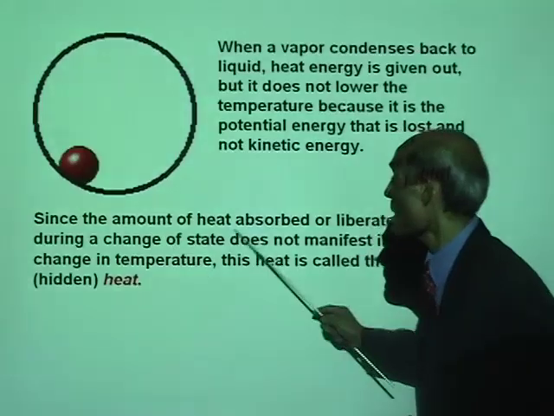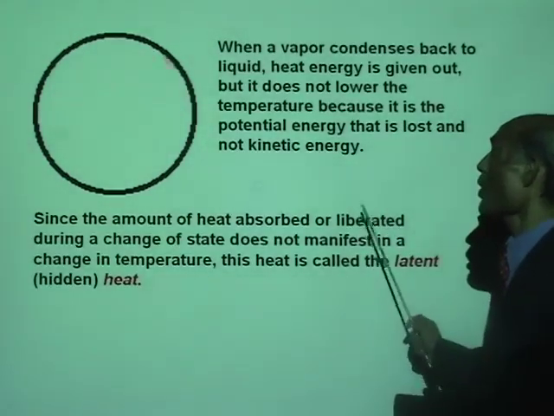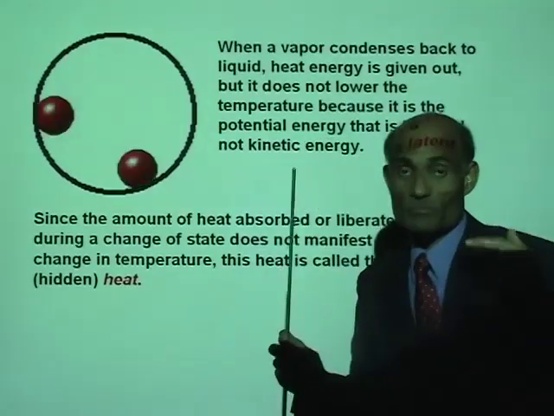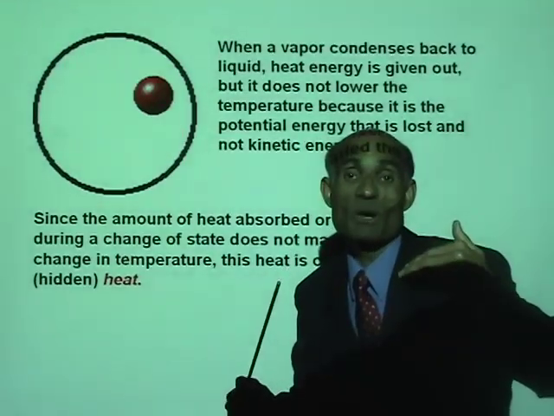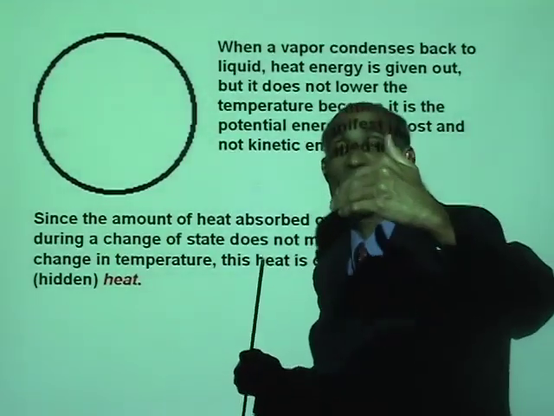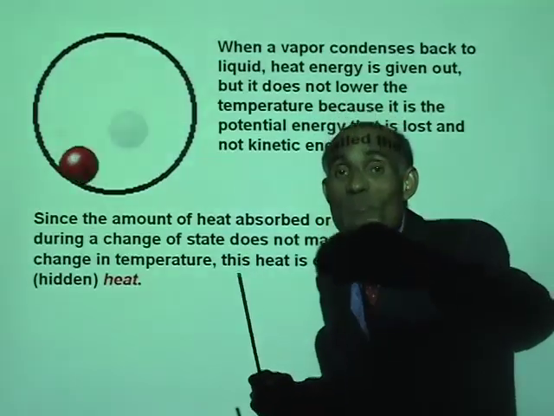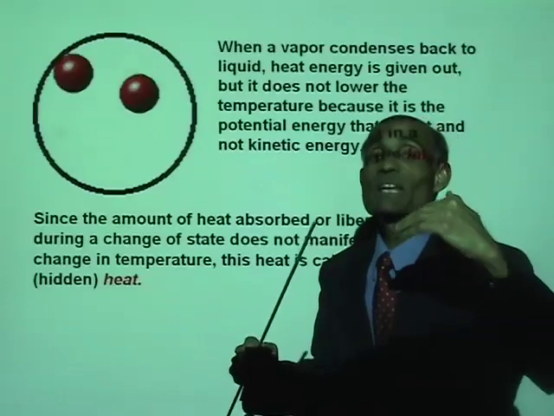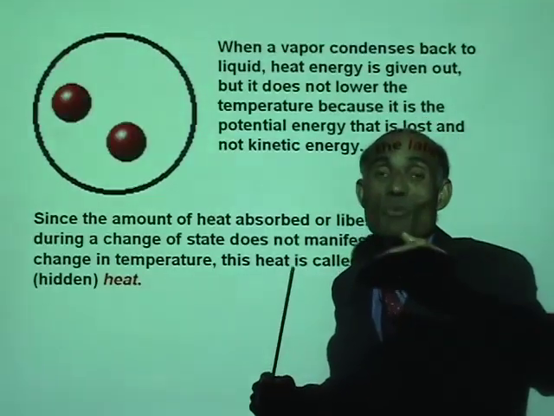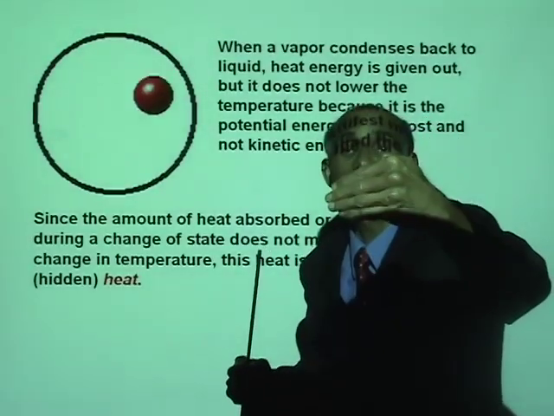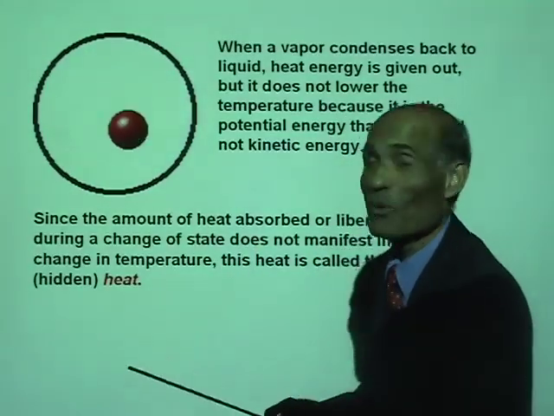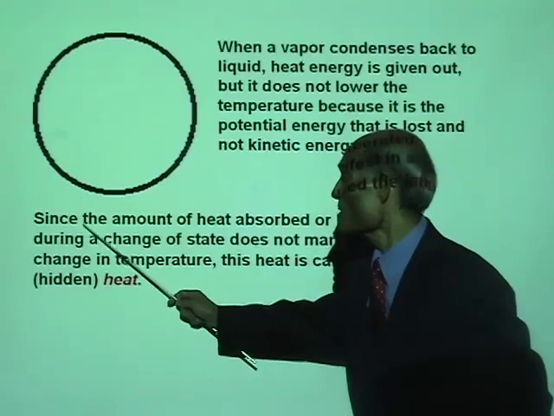Now, since the amount of heat absorbed or liberated, that means heat is absorbed when a solid becomes a liquid. The heat is liberated when a liquid becomes a solid. Similarly, heat is absorbed when a liquid becomes a vapor and liberated when a vapor becomes a liquid. So, I'm going to use that term.